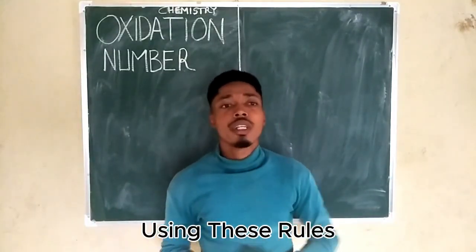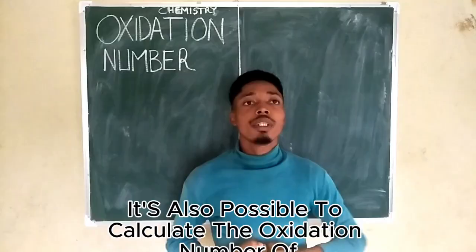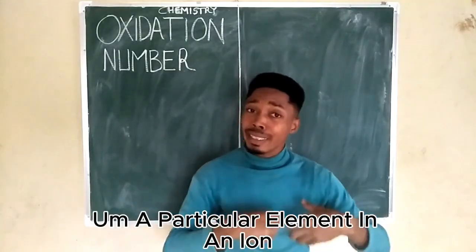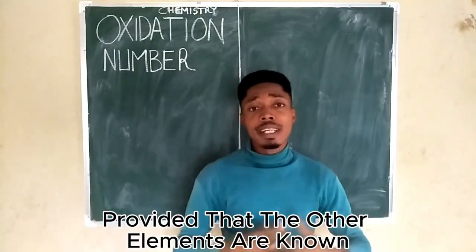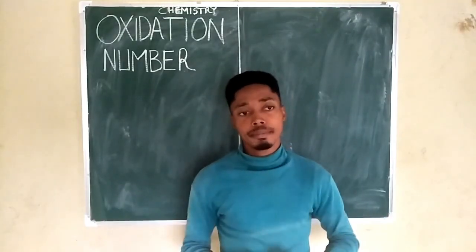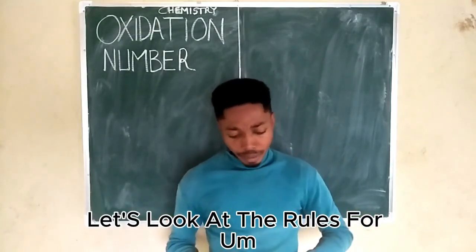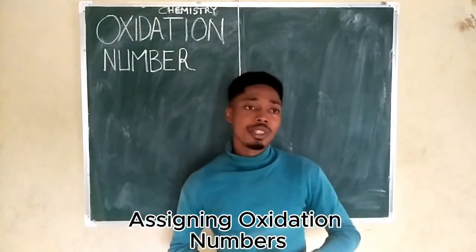Using these rules, it's also possible to calculate the oxidation number of a particular element in an ion, provided that the other elements are known. Let's look at the rules for assigning oxidation numbers.